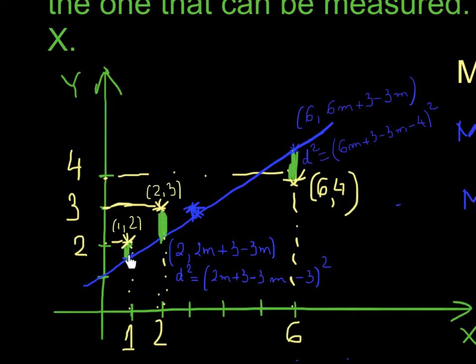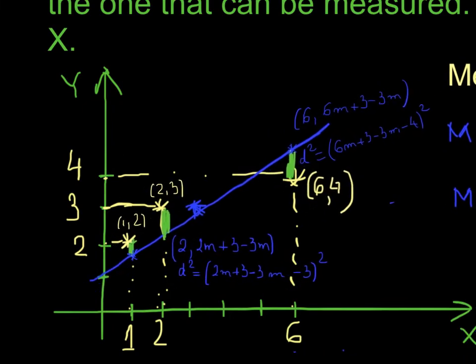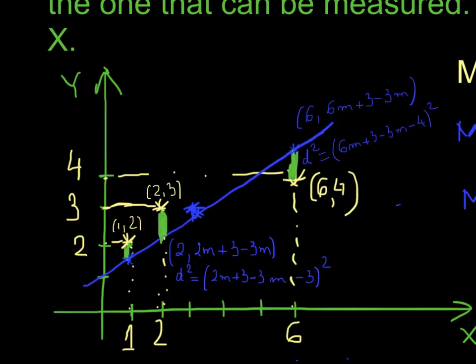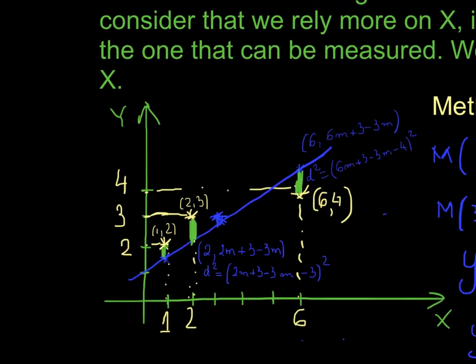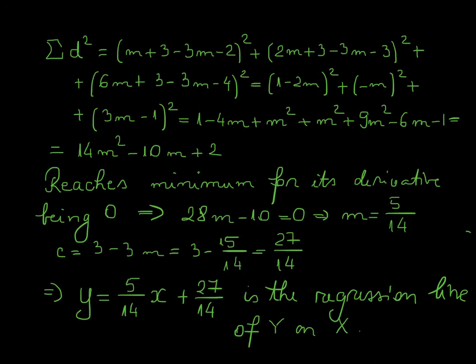I'll calculate the same distance from the third point, and then I will need the square of these 3 distances to be as minimum as possible. So we want the sum of the distances to be minimum. This is the sum of the distances for each of the points.